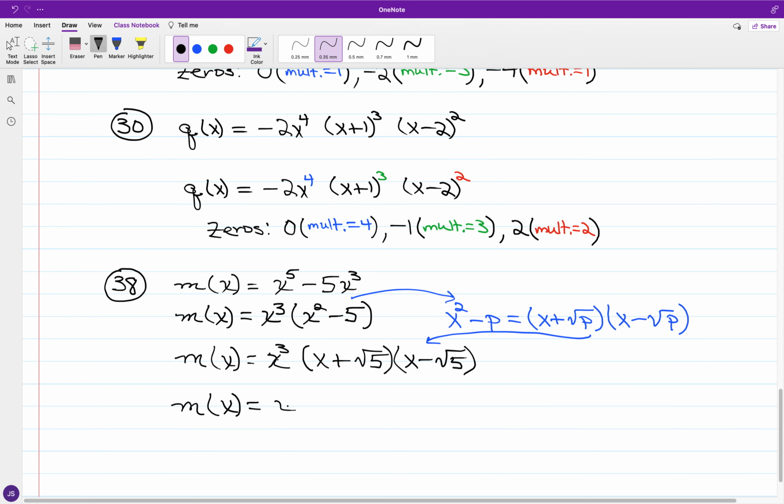Again, just emphasizing the degrees. So you have x to the third. And for x plus as well as x minus the square root of 5, that'll be to the first.